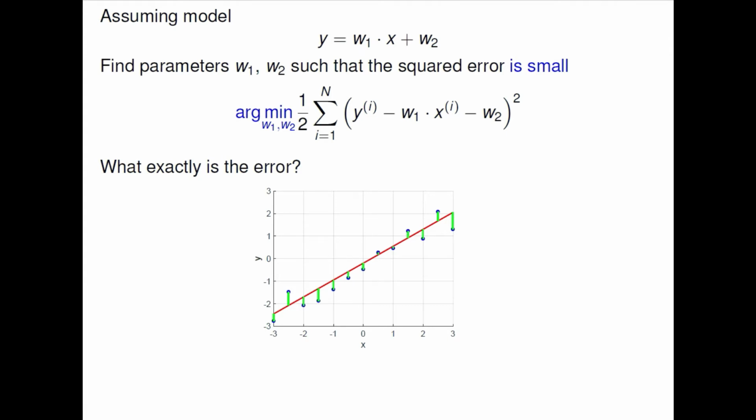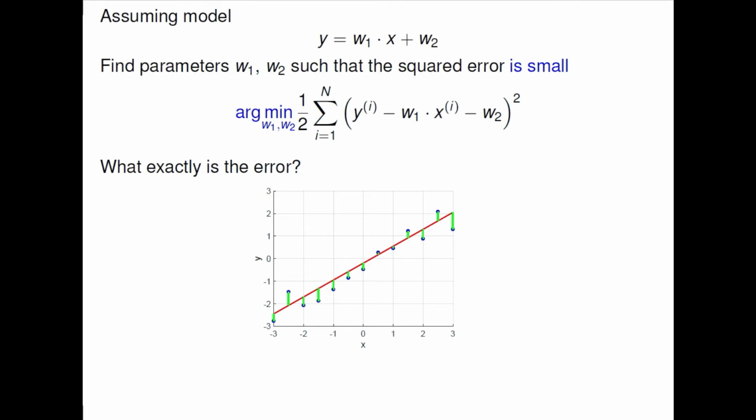Here i is the i-th training sample, or the i-th data point, and we sum the square of these errors over all the data points that we have. So we try to minimize this, and the argmin on the left just says that we are trying to find w1 and w2 so that the sum of all these squared errors is minimized.